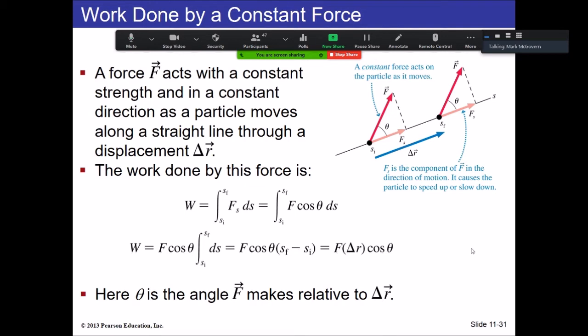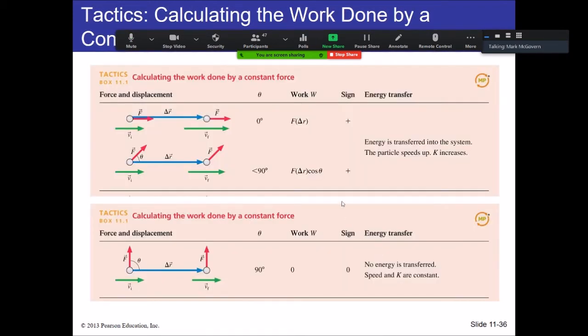So there's three parts to this, right? So if your force is along the direction of motion, so in this example here, our force is along the direction of displacement, the cosine is just 1, and it's just F times delta r, which is just force times distance.